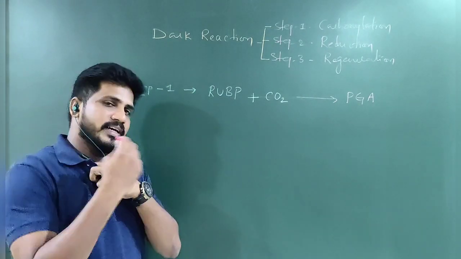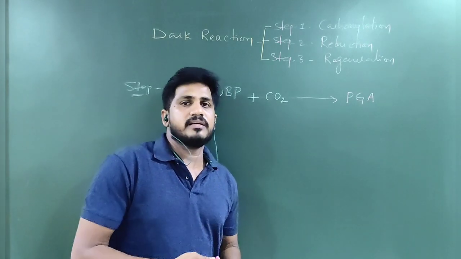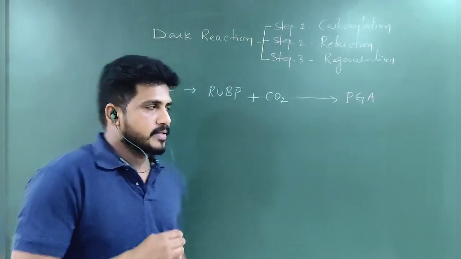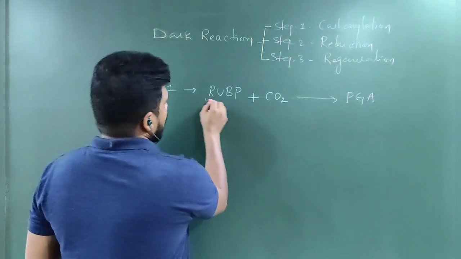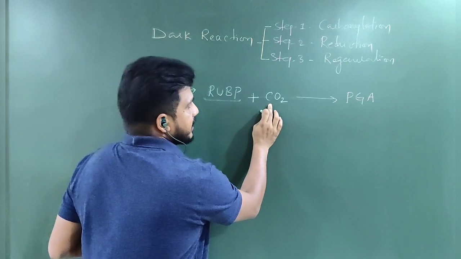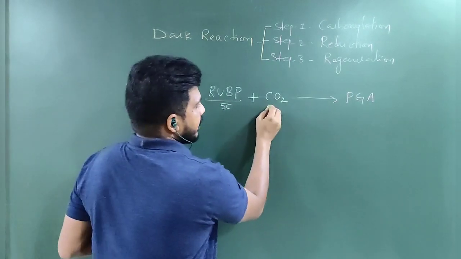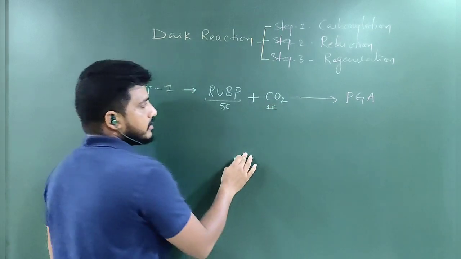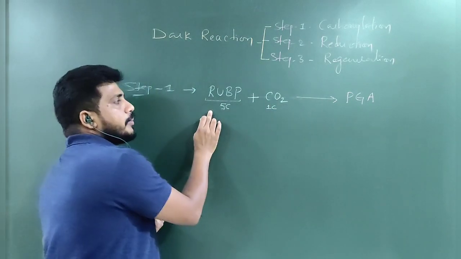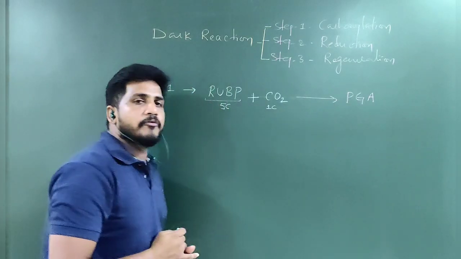Why? Because for understanding, to get one glucose molecule we need 3, so that cycle becomes twice. RUBP is a 5 carbon component, carbon dioxide is a 1 carbon component, right? So if one RUBP accepts 1 carbon dioxide, how many molecules of PGA form?